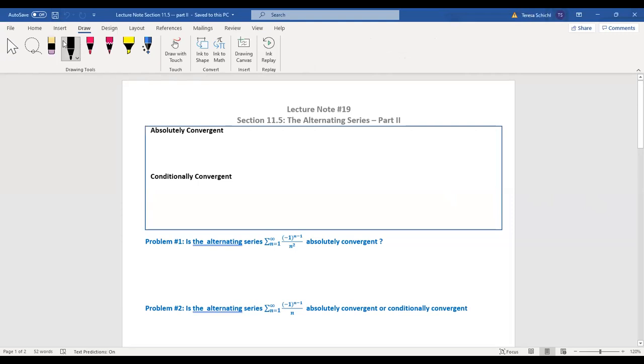All right, so now let's take a look. What is absolute convergence?